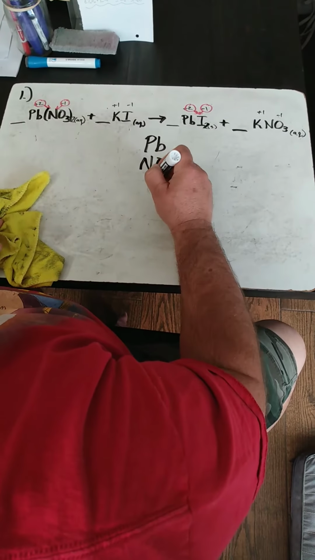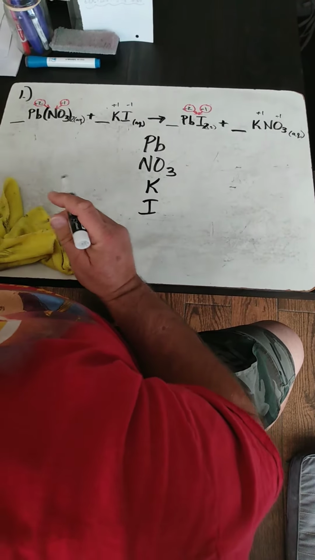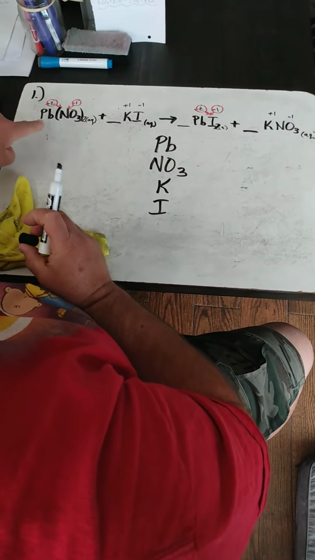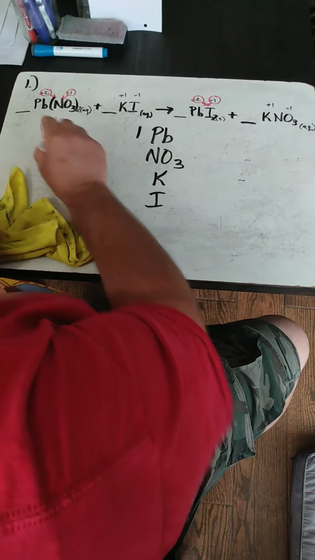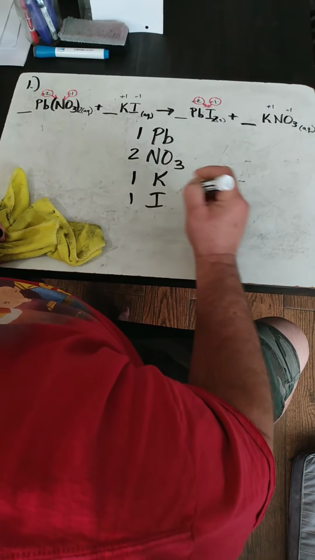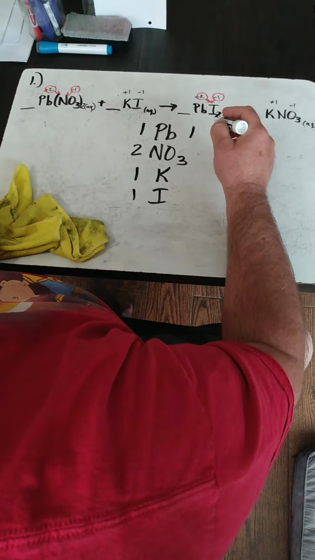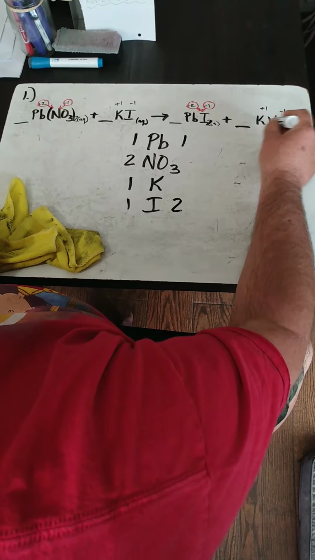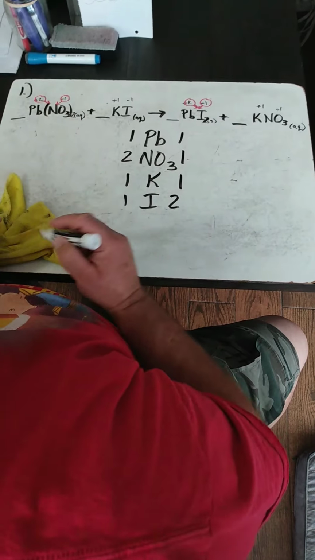I'm going to put my potassium and my iodide. Okay, so on my reactant side, I have 1 lead. I have 2 of the nitrates. I have 1 potassium and 1 iodide. Over on the product side, I have 1 lead again. I have 2 iodides. I have 1 nitrate, and 1 potassium.